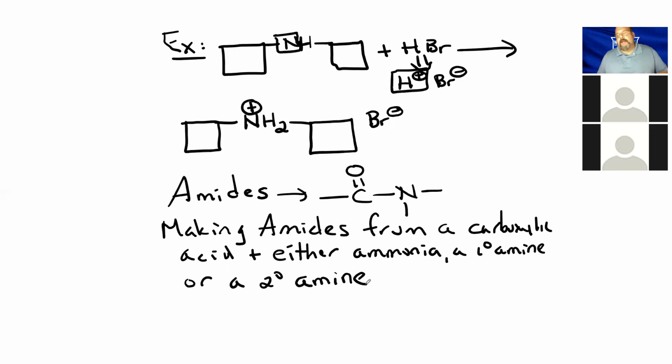The main way to make an amide is by the reaction of a carboxylic acid with either ammonia, a primary amine, or a secondary amine. The one type of amine that cannot be used to make an amide is a tertiary amine. And after we go through the general equation in a moment, I think it'll be very clear why a tertiary amine cannot be used.